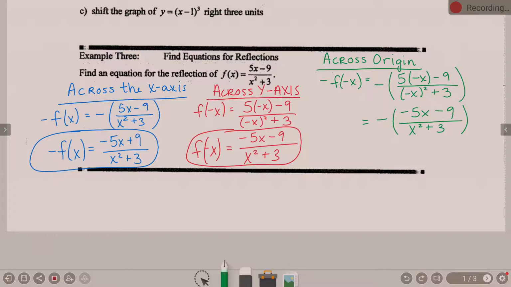And now, if I multiply that negative in, what did we do over there on the first one? We specifically multiplied the negative just to the numerator, right? And so that's what I would do again, is I would take that negative and multiply it to both terms. And if that's done, this becomes positive 5x plus 9 over x squared plus 3.